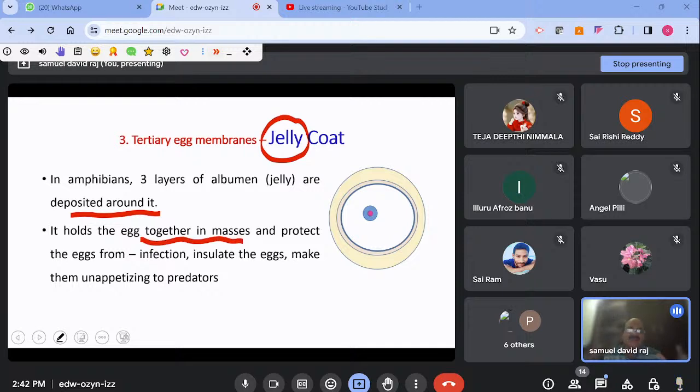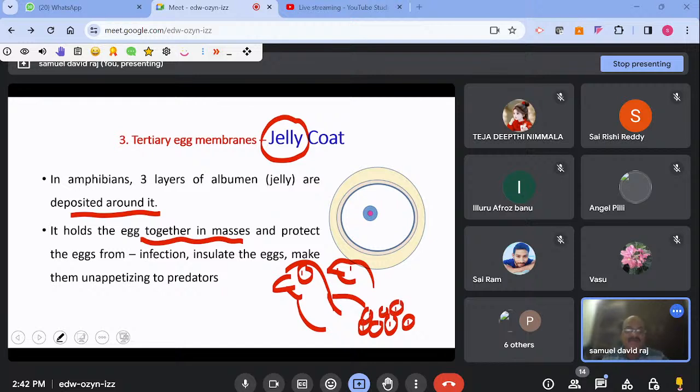That means large masses of eggs are seen in amphibians. In the amphibian reproductive system, we know that when the male comes onto the female and presses it, the female releases all the ova, and all the ova do not separate. They are said to be crowded.